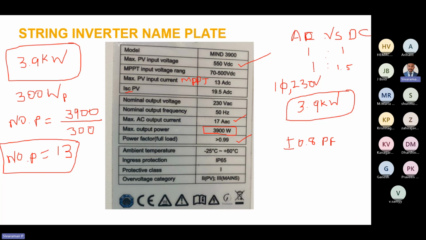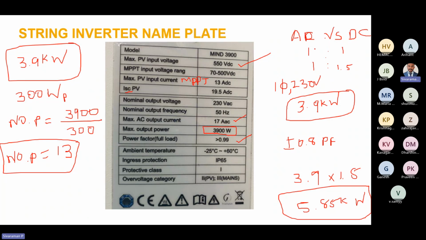For example, with a 1.5 DC ratio, we multiply 3.9 by 1.5, which equals 5.85 kilowatt of panel we have to install. That is the meaning of the AC versus DC ratio.